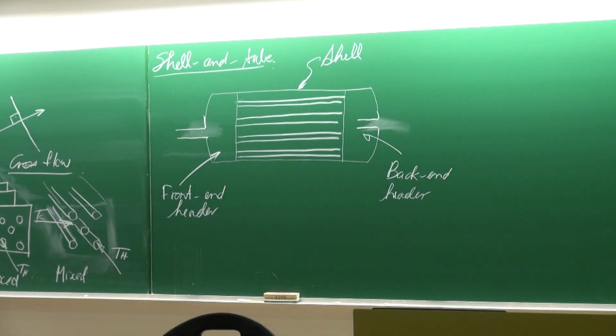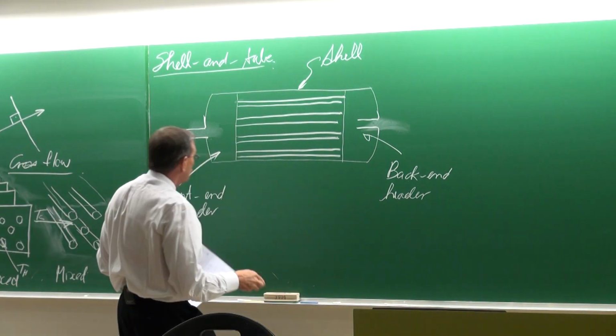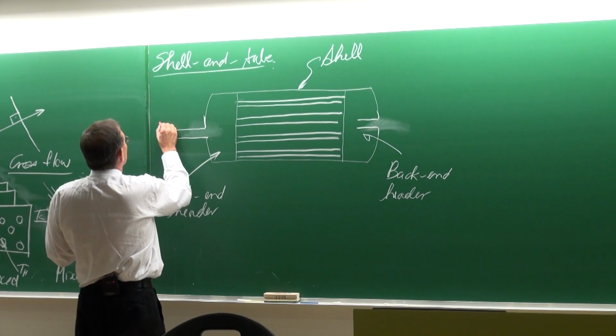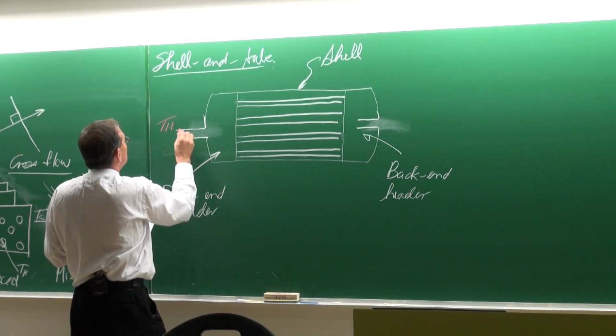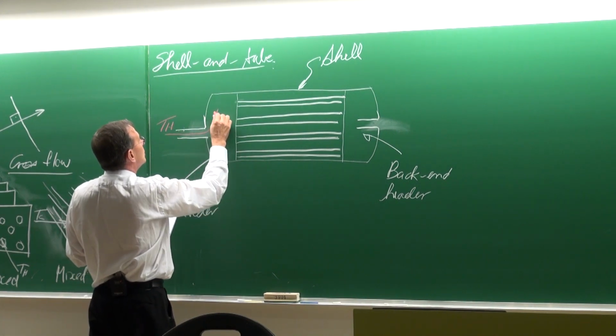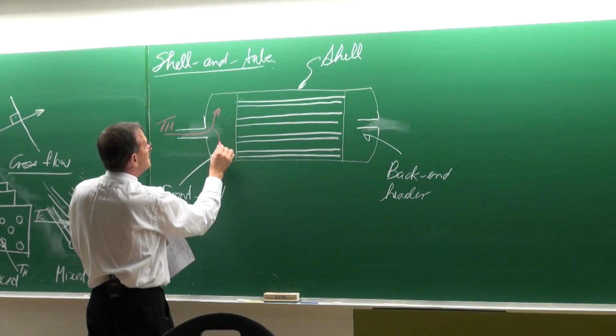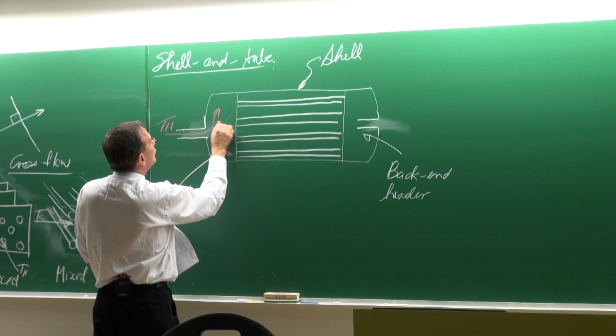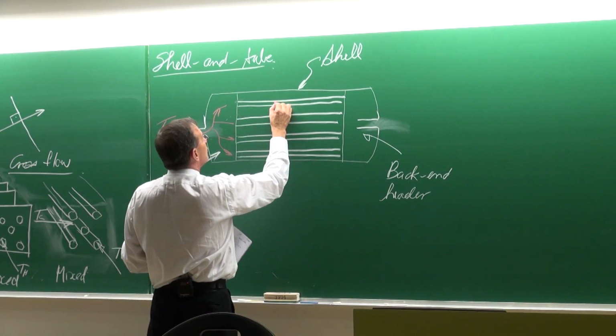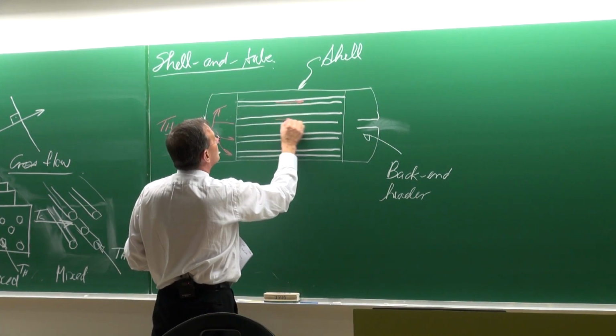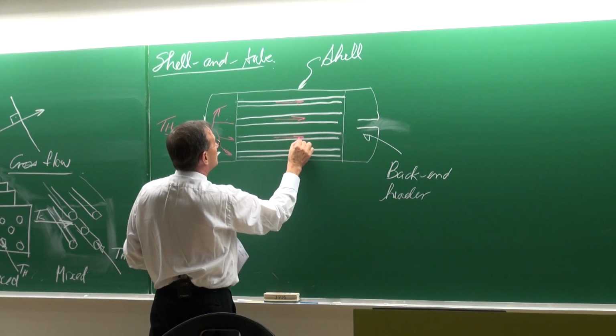And again, the hot stream or the cold stream can be opposite to what I am drawing here. But let's suppose this is the hot stream. So the hot stream fluid will come in here. This is why it is called a header. It just distributes the fluid so that it flows through these tubes in that direction.